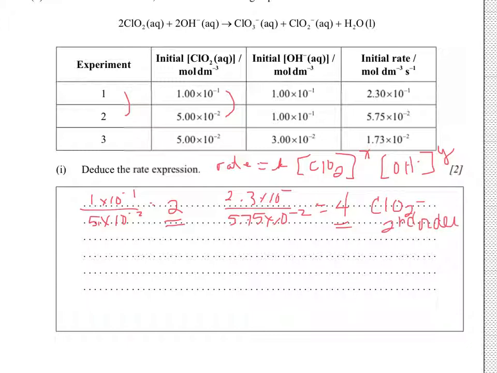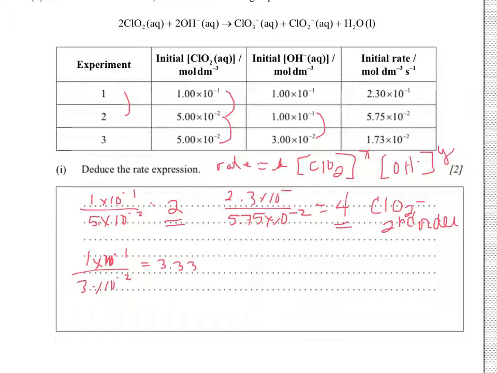Doing the same for the other, going from 2 to 3, there is no effect on the rate from ClO2 because it stays the same. But going from 1 times 10 to the negative 1 over 3 times 10 to the negative 2, I get 3.333.